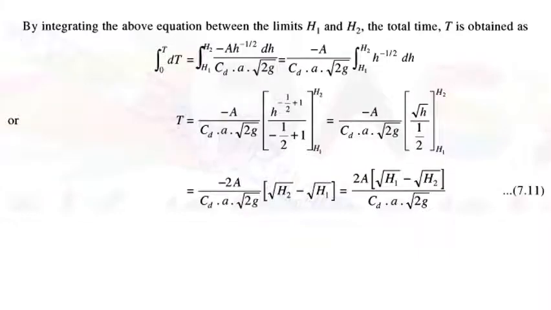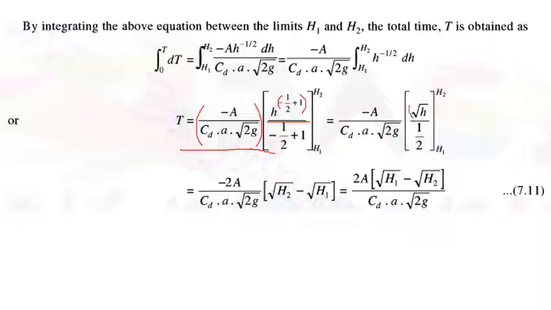So finally T is equal to minus A divided by CD into a into square root of 2g. These were constants, hence no change. Inside brackets after integration, h raised to minus 1 by 2 plus 1, the whole divided by minus 1 by 2 plus 1, from h1 to h2. Minus 1 by 2 plus 1 comes to 1 by 2.